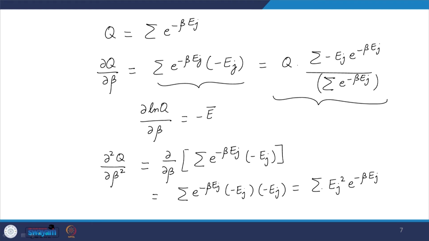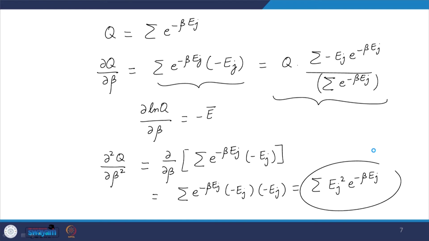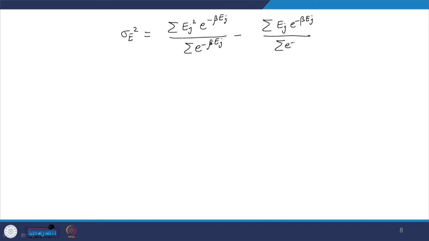So, if I start with this, if I put that in the expression right here, what we notice is that I can write my sigma E square as I had written earlier, so the first term now becomes the second derivative of q with respect to beta.